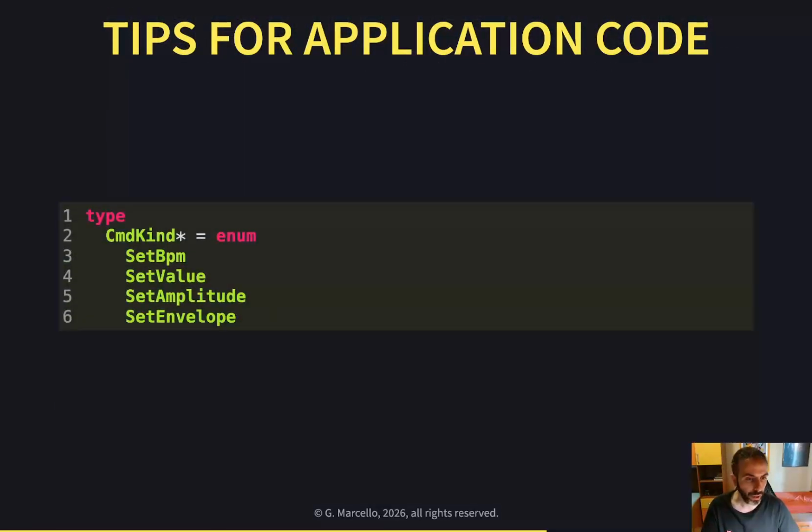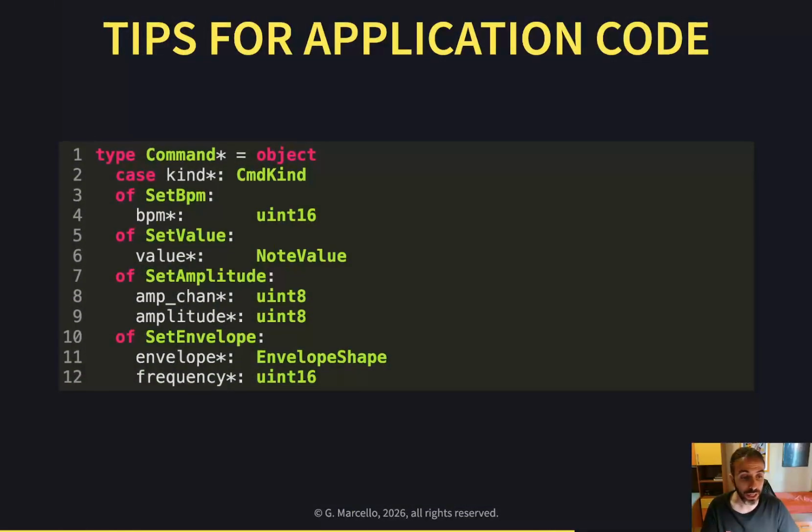The way you do that is you define an enum, and then you use that enum to define some cases for your object variants. A couple of gotchas here: you can define fields that will be shared by all the cases, but if you want to have fields in a specific case, you cannot have a field in one case and a field in another case with the same name. They have to be different.